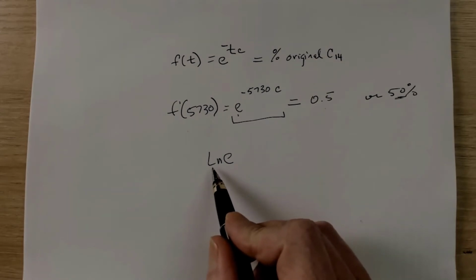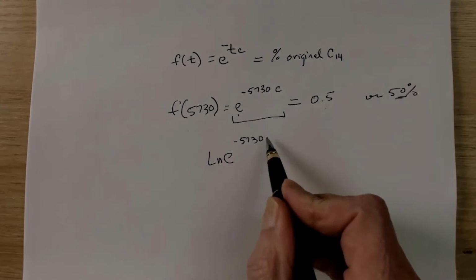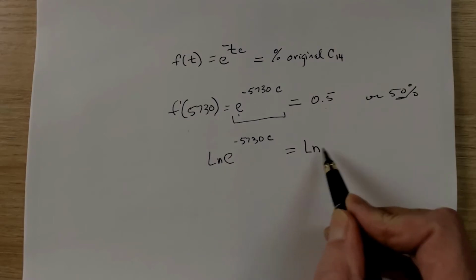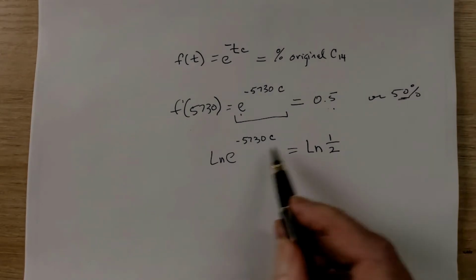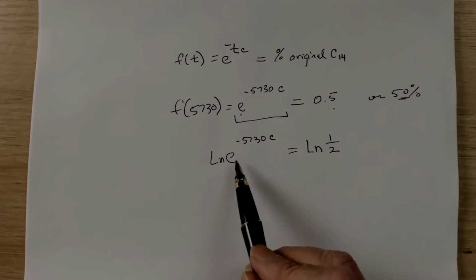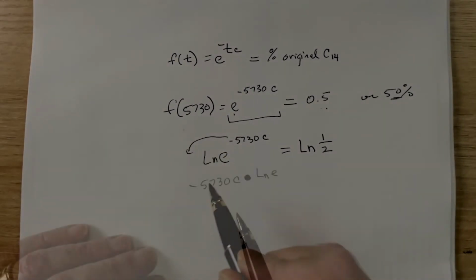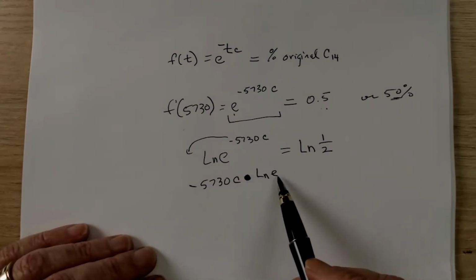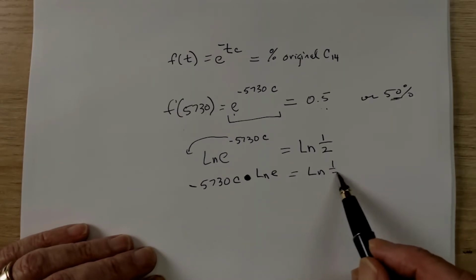Recall that if we take the natural logarithm of e raised to the negative 5,730 times c equals the natural logarithm of 1/2, which is what 0.5 is, we can actually solve for some of these things and figure out some stuff. Recall that if we're taking the log of a number that's raised to an exponent, we can bring that exponent around to the front. So now we have negative 5,730c times the natural logarithm of e equals the natural logarithm of 1/2.